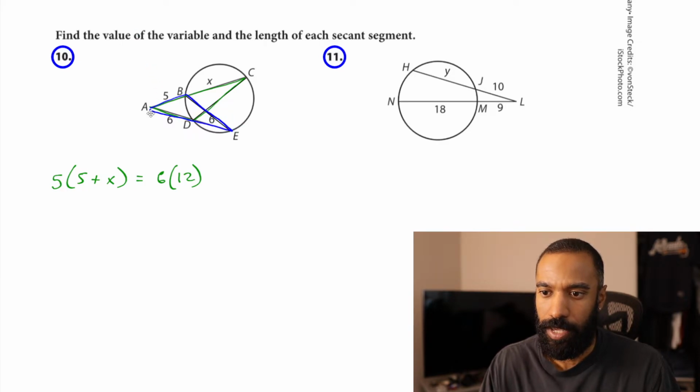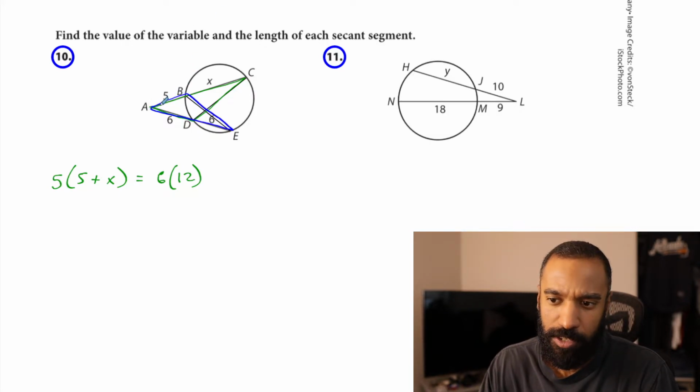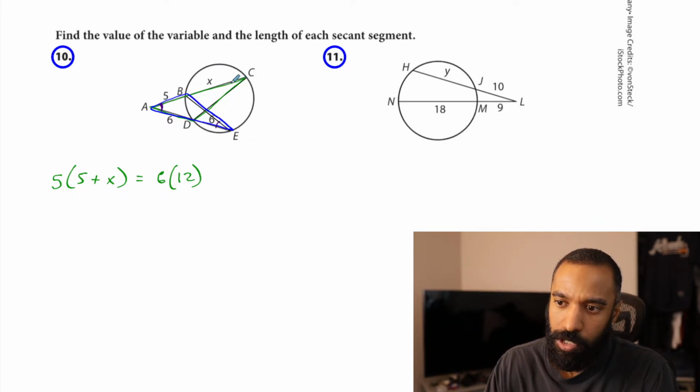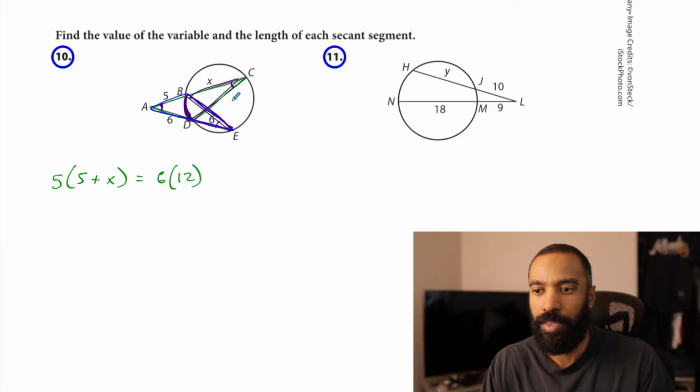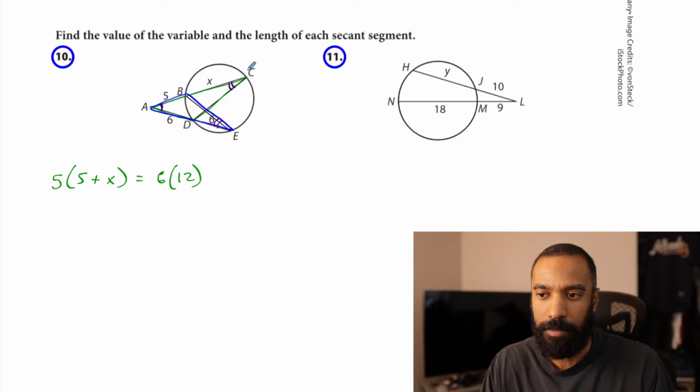They both share an angle right here at A, the reflexive property of congruence. That makes that congruent. And then you have this angle E and this angle C, which are both inscribed angles for the same intercepted arc. That makes those congruent. So by angle, these two triangles are similar to each other again.